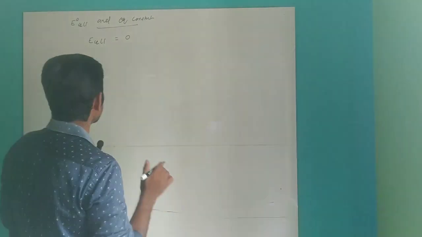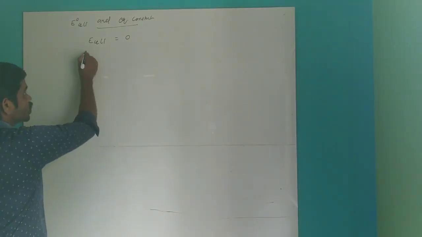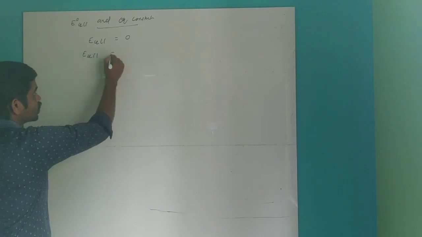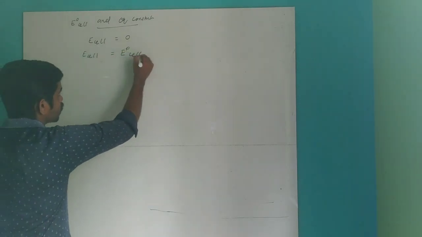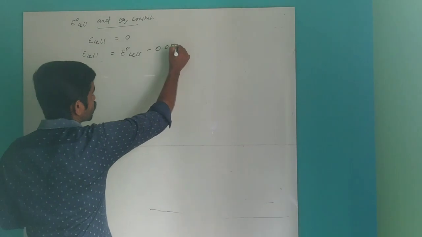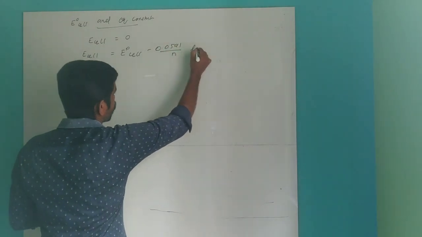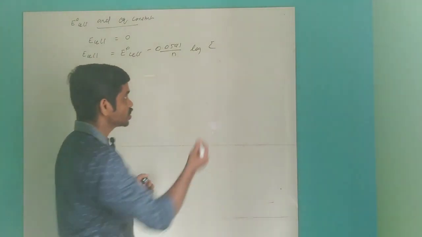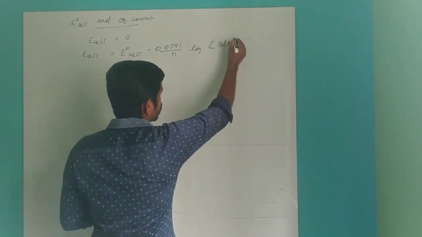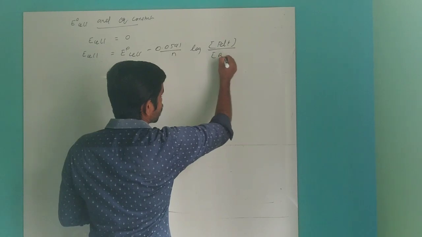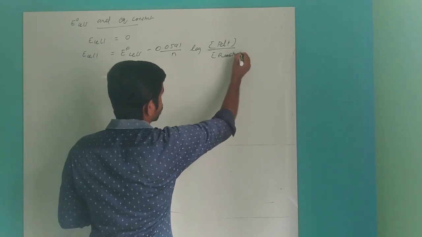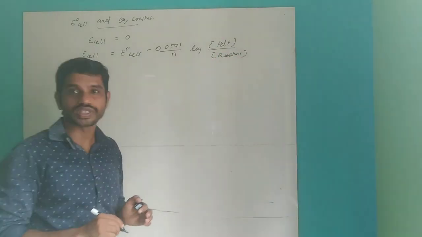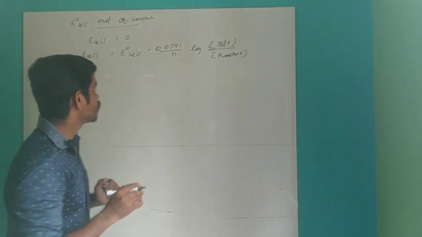So what is our Nernst equation? E cell is equal to E0 cell minus 0.0591 by n log of the concentration of the product divided by the concentration of the reactant, very simply written. This is a general equation. So at equilibrium what will happen?